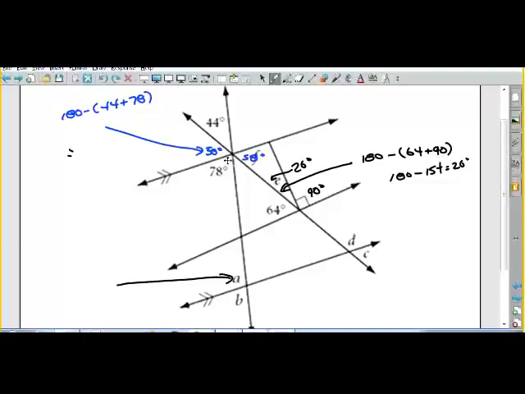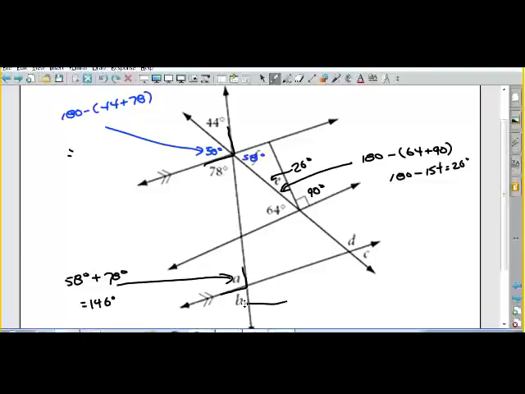Exactly. So this angle here corresponds to this angle right there, so those two angles are the same. And therefore angle A is going to be 58 degrees plus 78 degrees, which is 146 degrees.